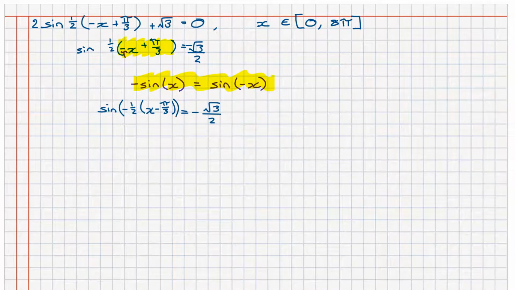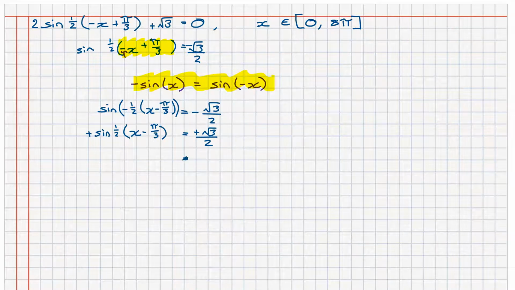Then I'm going to apply this identity above, and we'll get negative sine of a half x minus pi on 3, and that will be negative root 3 on 2, and then both of these come positive because we can multiply both sides by negative 1.